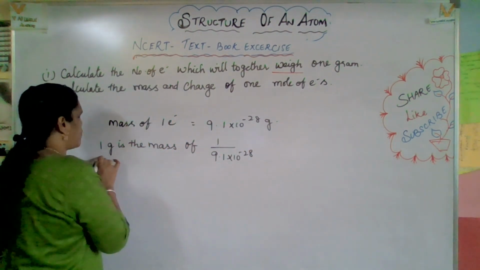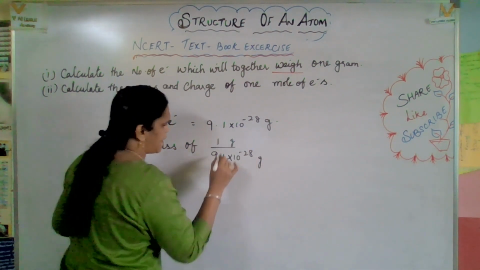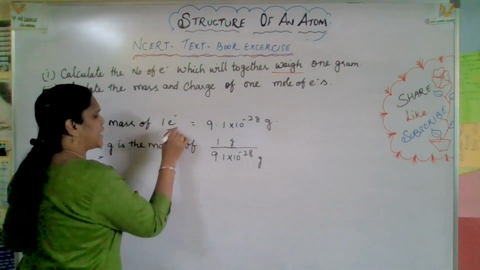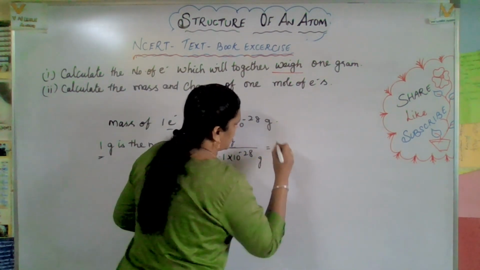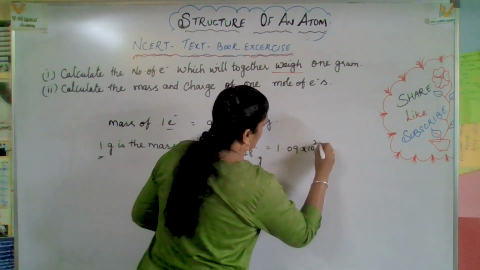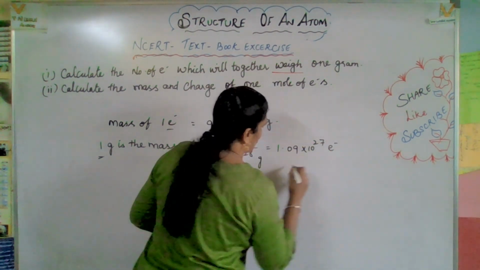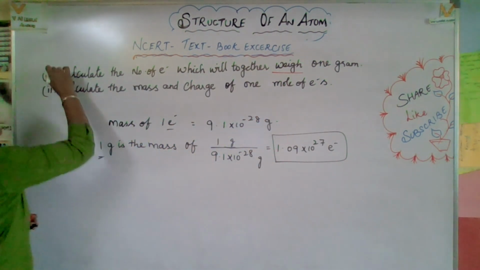Here they only mentioned 1 gram, so here also gram, here also gram. 1 gram by the mass of 1 electron. So what is the answer? You will get 1.09 into 10 to the power of 27 electrons. Hope you got a clear idea for the first question.